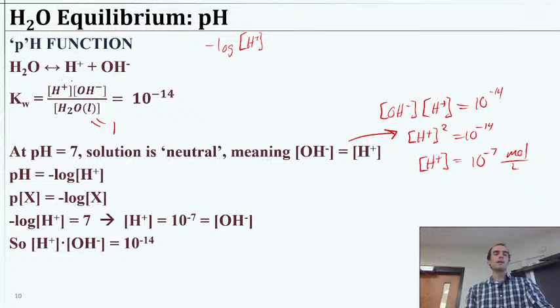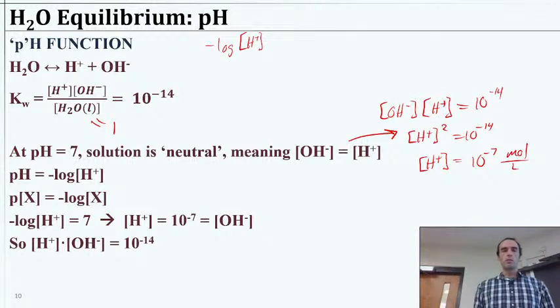The reason is because the product of H+ times OH- has to be 10 to the minus 14. That's just a known value. That's our equilibrium constant for water, Kw, that's how we define it. And we're treating water as if it's a liquid, meaning we treat it as just a concentration of 1.